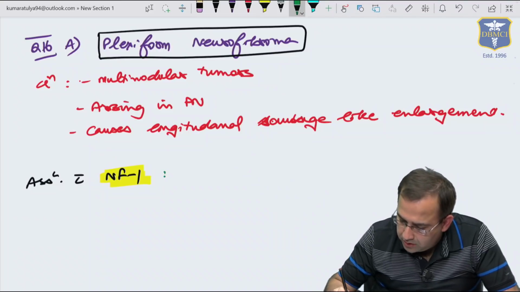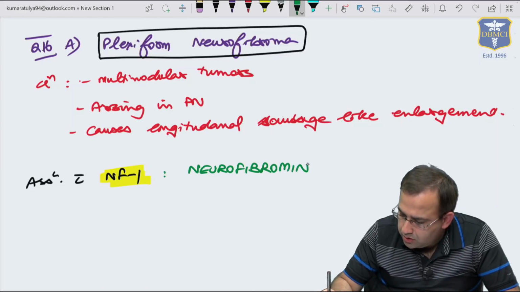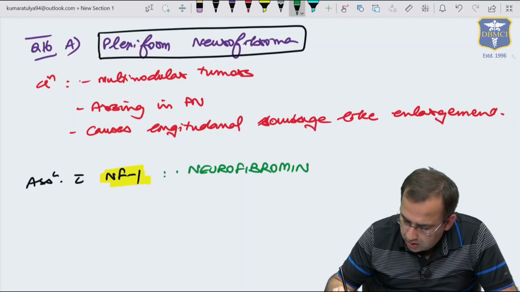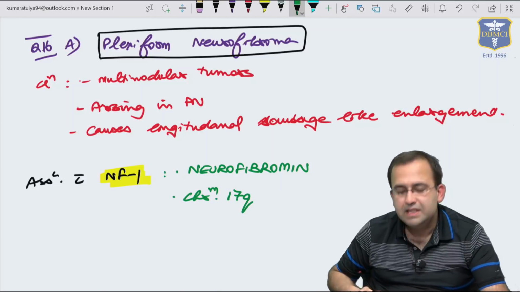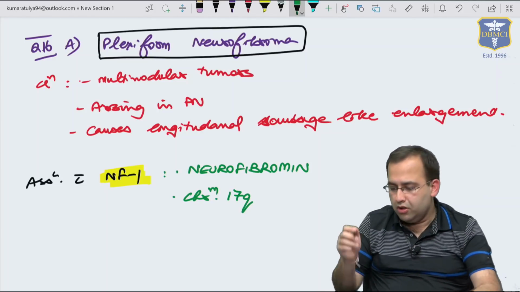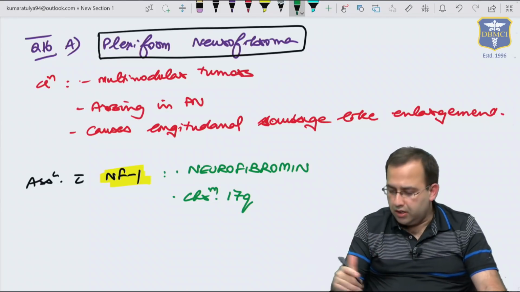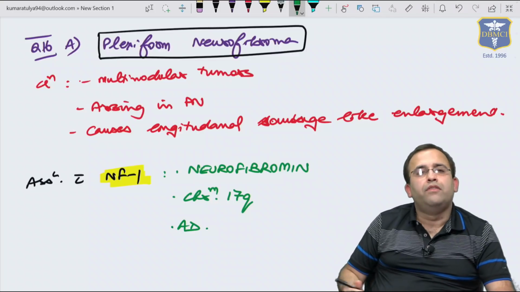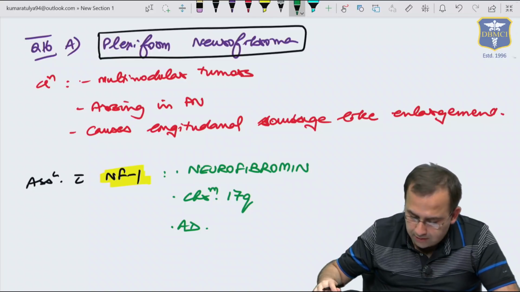Neurofibromatosis 1, the gene mutation is neurofibromin, present on the long arm of chromosome 17q, versus NF2, chromosome 22, gene mutation Merlin. You know that. Inheritance pattern, autosomal dominant. This was neurofibromatosis NF1, plexiform neurofibromas.